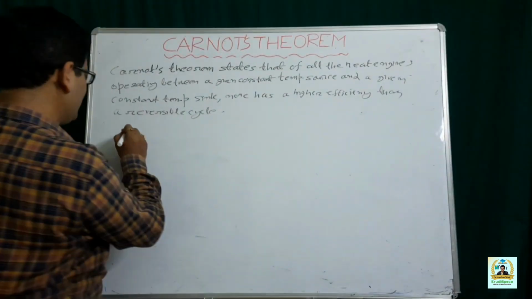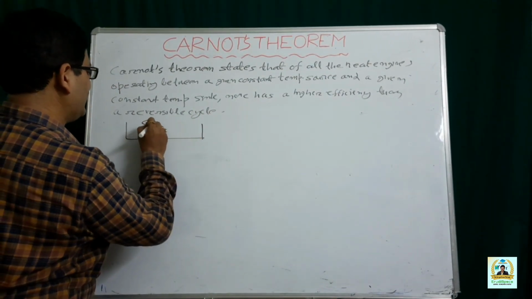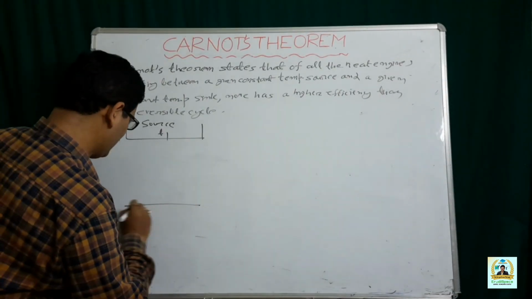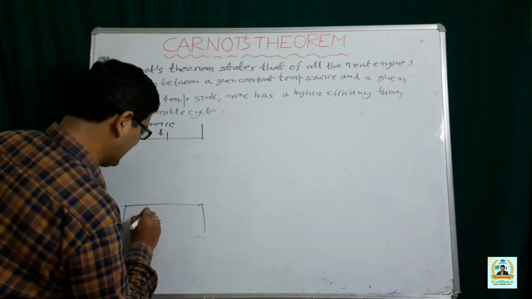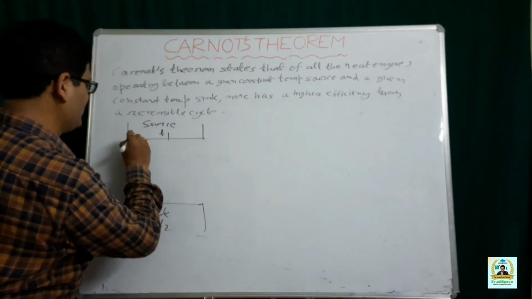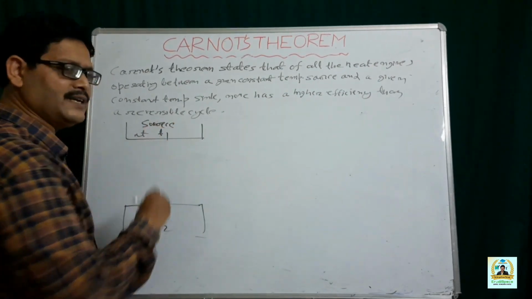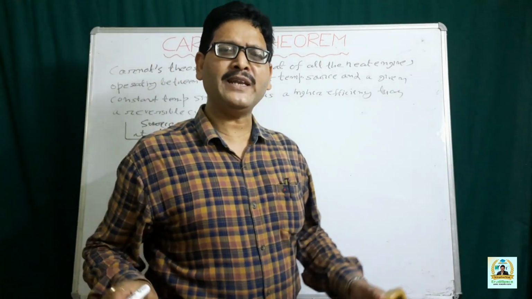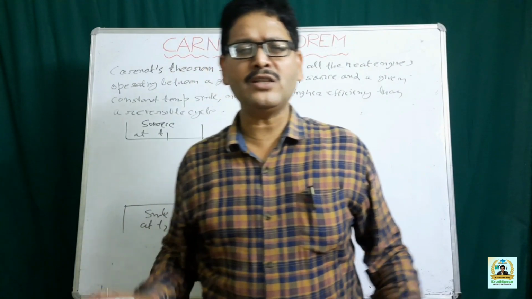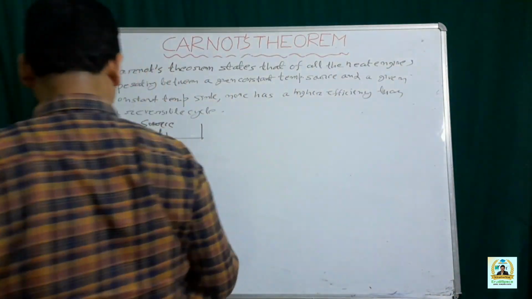So for that, let us consider a source at temperature T1 and a sink at T2. And all of us know that the source and sink are reservoirs of infinite heat capacity, so that the transfer of heat from the source or to the sink will not affect their temperatures.